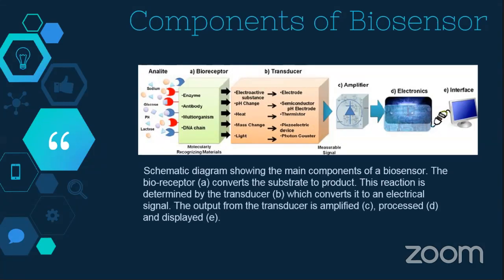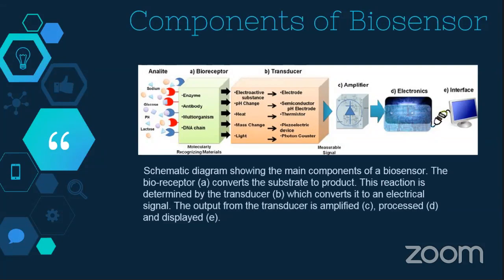A bioreceptor is a molecule that specifically recognizes the analyte. So what are these bioreceptors? You can say it is enzymes, cells, aptamers, deoxyribonucleic acid, that is your DNA, and antibodies are some examples of bioreceptors.